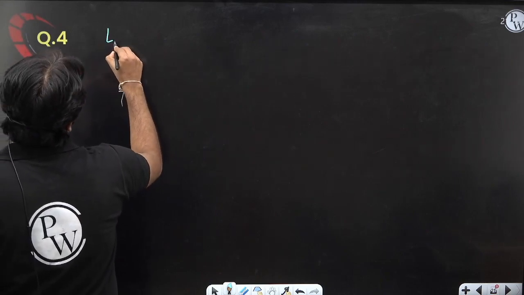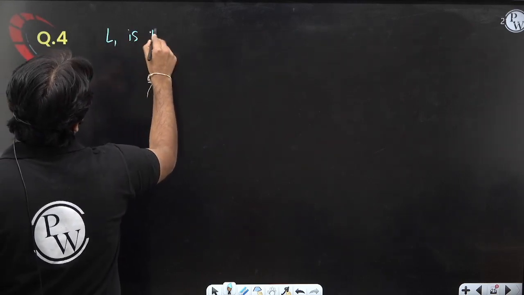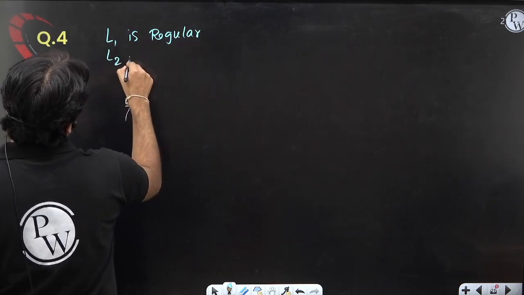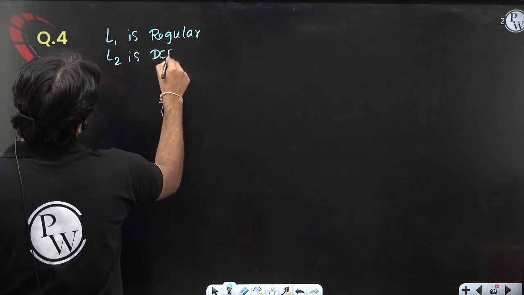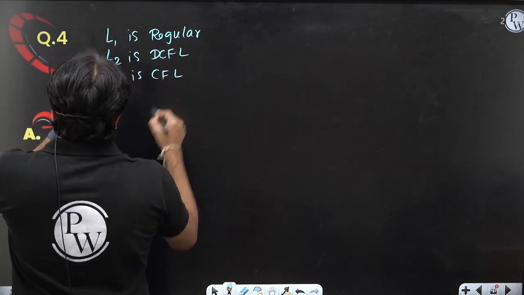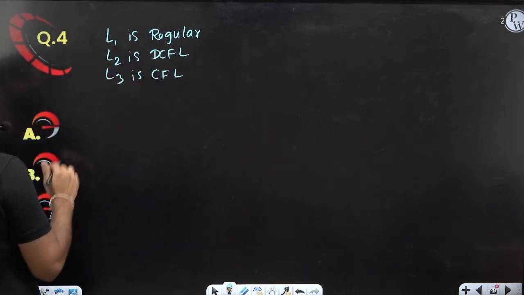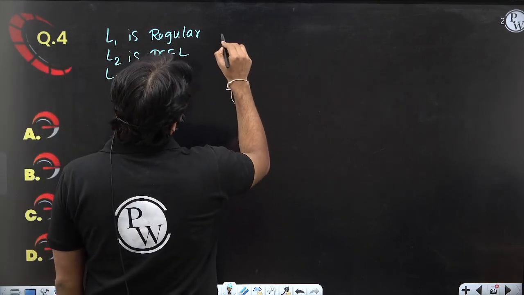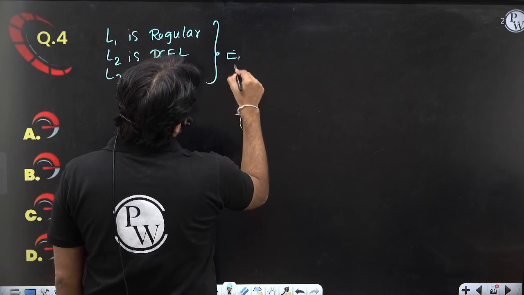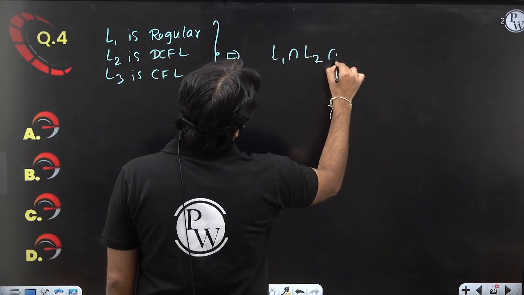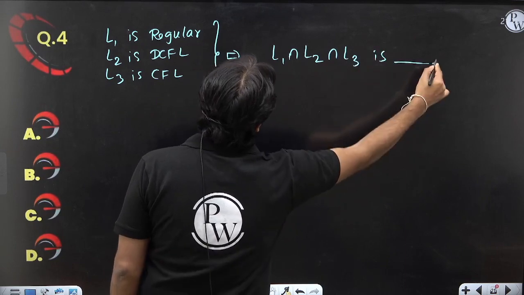Let's say L1 is regular, L2 is a DCFL, and L3 is a CFL. These three are given to you, and what you have to find is, using these, L1 intersection L2 intersection L3 is dash.